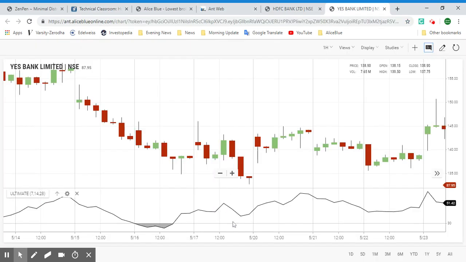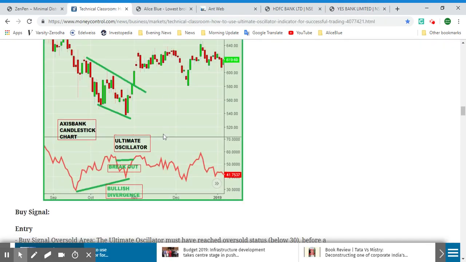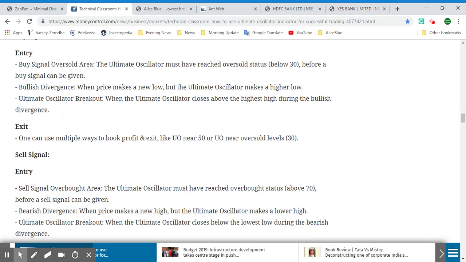So that is a bullish divergence. Next, let's look at the exit signals after the entry point. One can use multiple ways to book profit and exit, like the ultimate oscillator near 50 or the ultimate oscillator near the oversold level of 30.